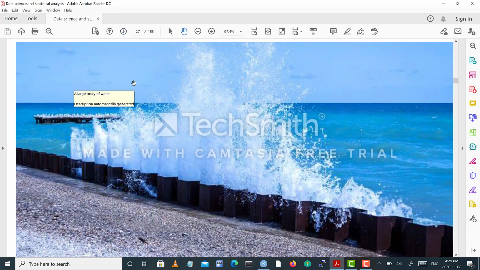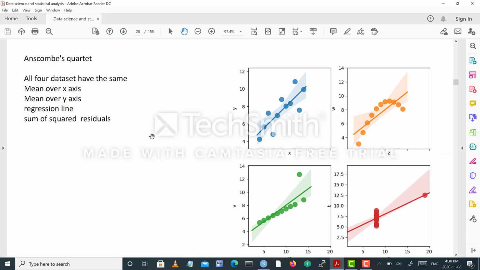This is also a random event with a normal distribution, as we can see, which is made from a water splash. Here we have Anscombe's quartet, 4 types of different data.